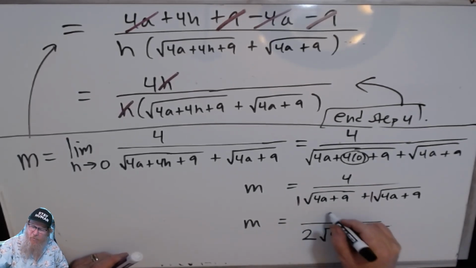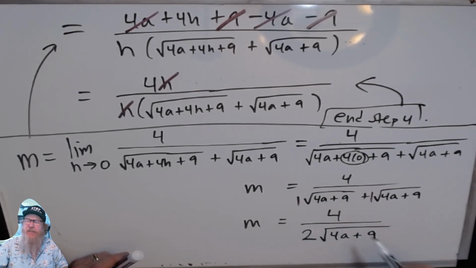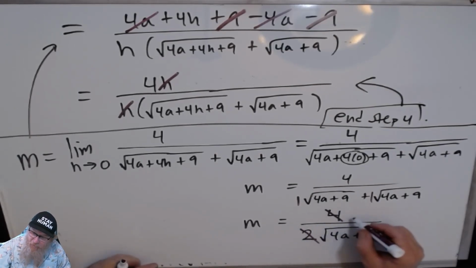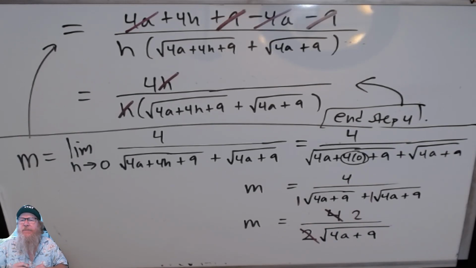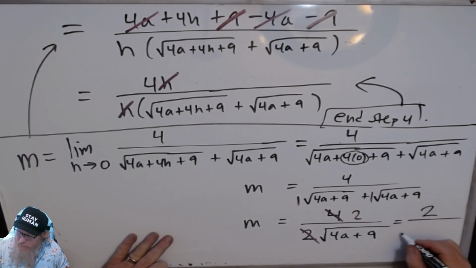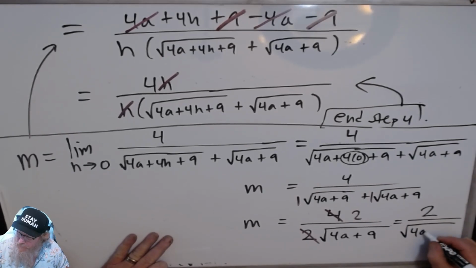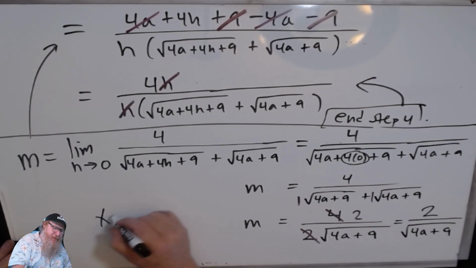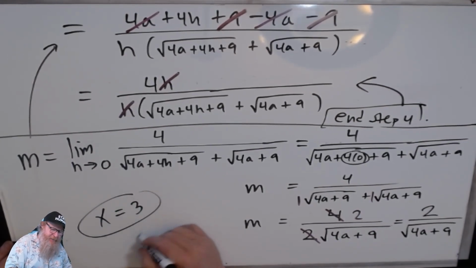I could do one more step, which I will do, which is to simplify this. 2 goes into 4 2 times. So my final slope will be 2 over the square root of 4a plus 9. And remember, it was x equals 3.